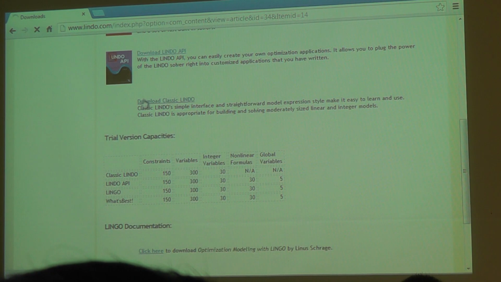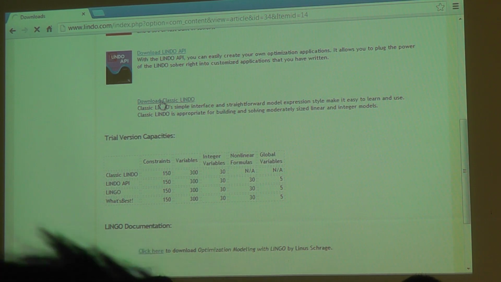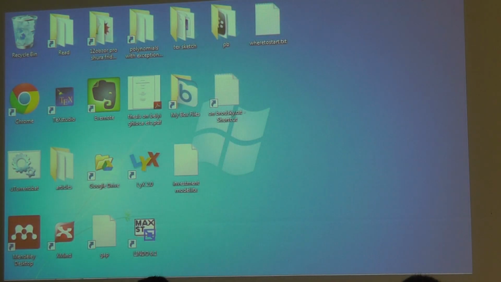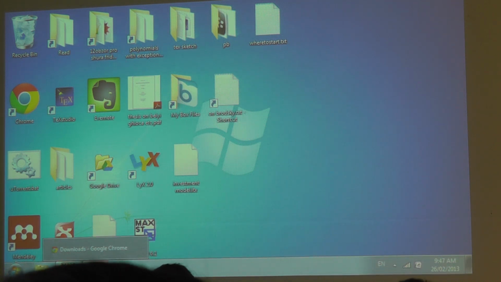Unfortunately, it seems to be only for Windows. It is a zip file. You can unzip it and install it. And as I said, we have computer labs and Windows is installed there.